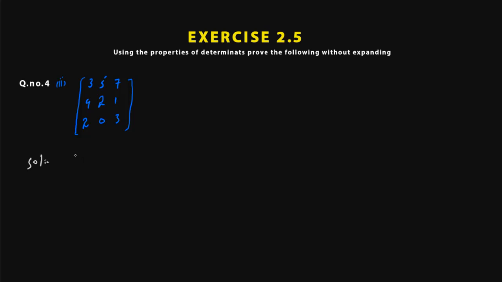Now how are we going to solve that? We are going to make one formation, and that is 3 5 7, 4 2 1 and 2 0 3.